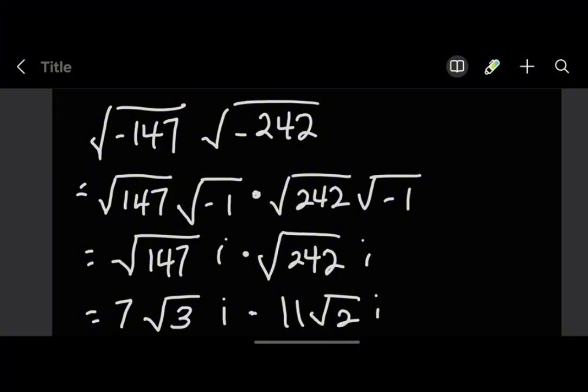Hi, I'm Aisha. I'm going to be explaining exercise 1.3, question 1b. The question given is root -147 multiplied with root -242. You can write it as root 147 multiplied with root -1 multiplied with root 242 multiplied with root -1.